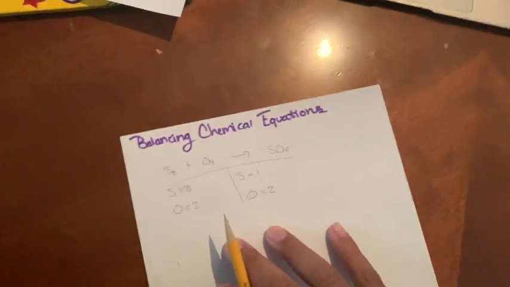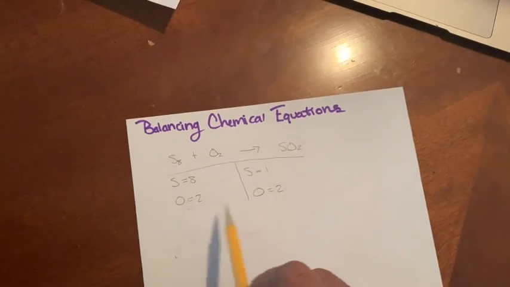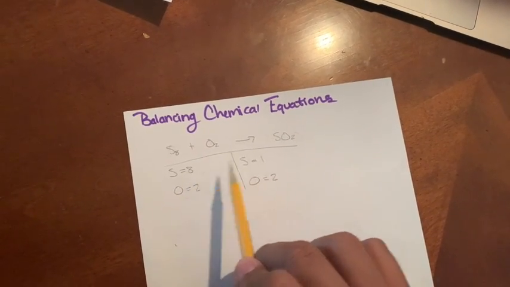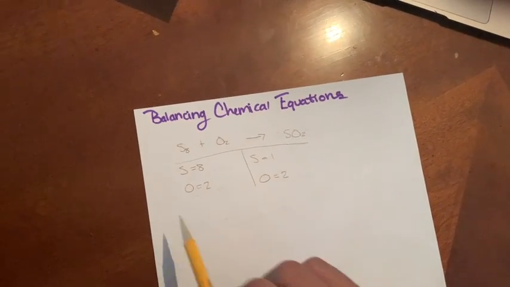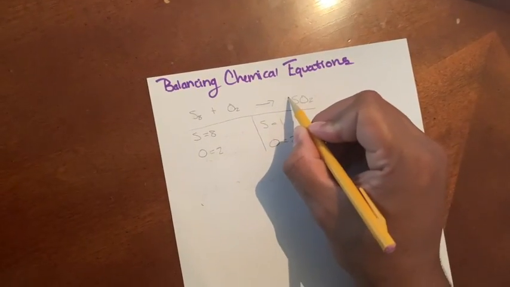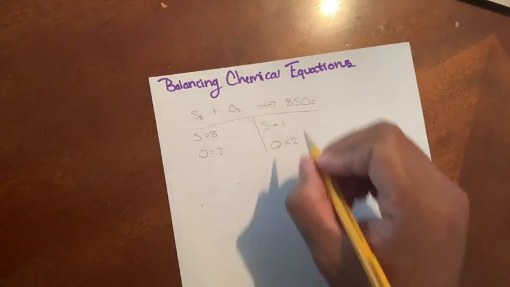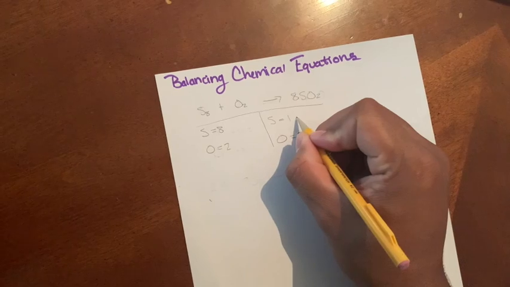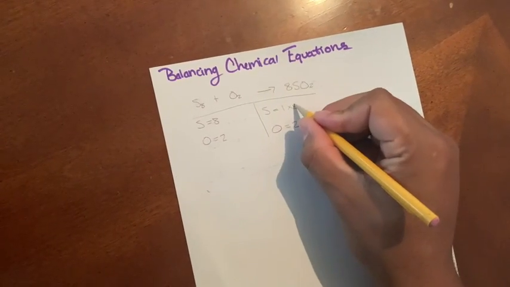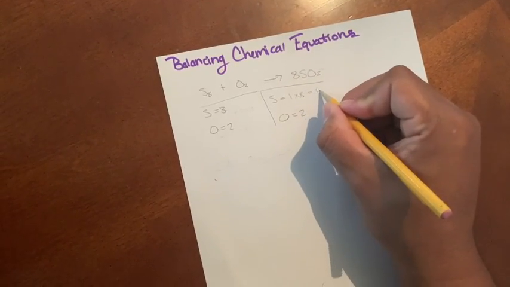So what we do is, the oxygens are balanced, but our sulfurs aren't balanced. So we can add an 8 as the coefficient for this product, and we multiply that, which equals 8.